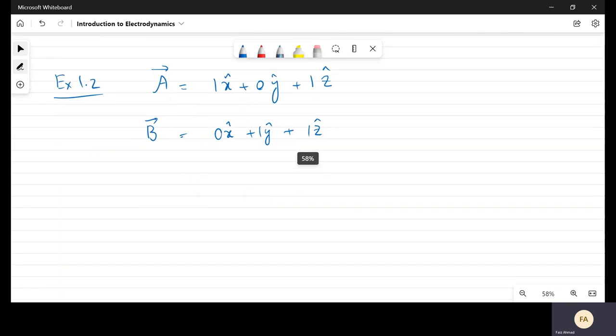So we are asked to find the angle between these two vectors, or these two diagonals of a cube.